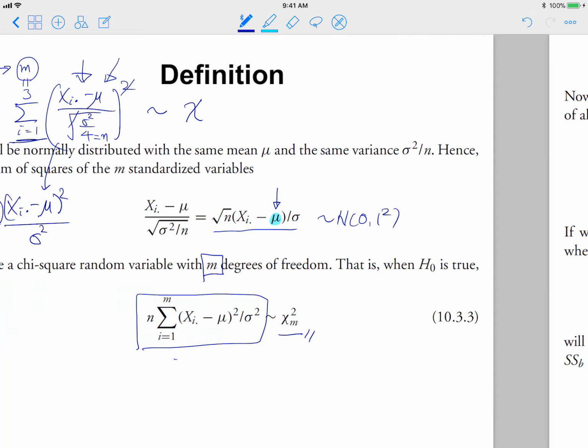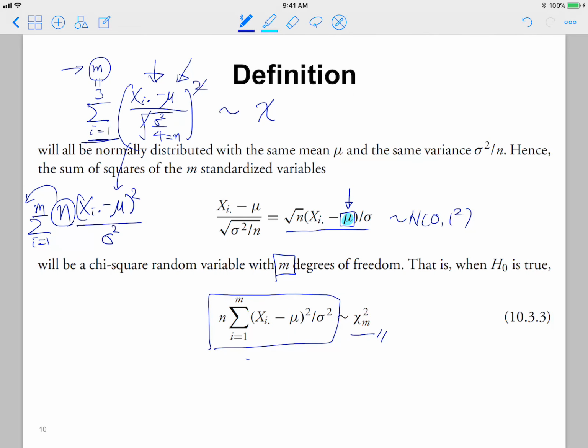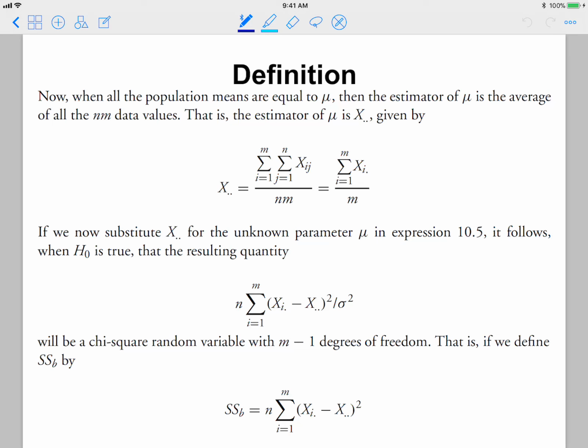Okay, and then we do not know this true parameter mu, so we have to replace it with our approximate value. In order to do so, we compute this x dot dot, which is simply the average value of all the observations across different groups.